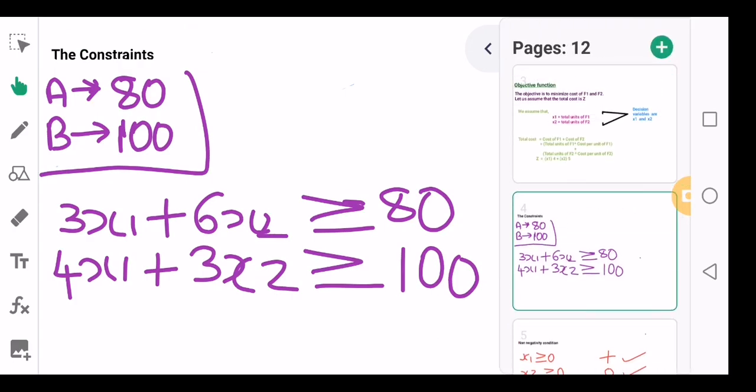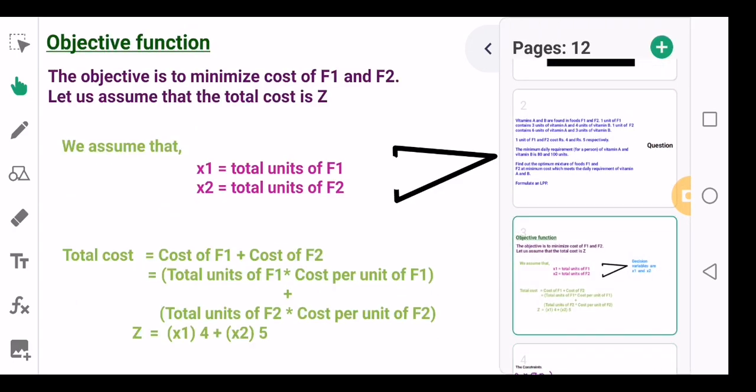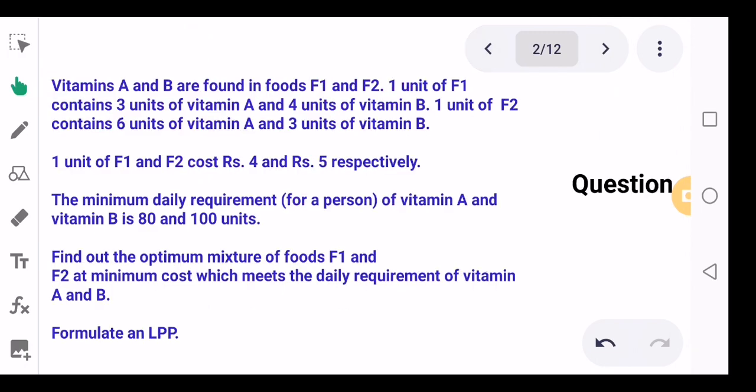Now the question says that the minimum daily requirement of vitamin A and B is 80 and 100 units. So the minimum intake of vitamin A should be 80 units, and the minimum intake of vitamin B should be 100 units.